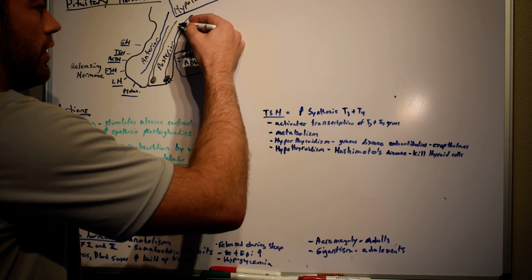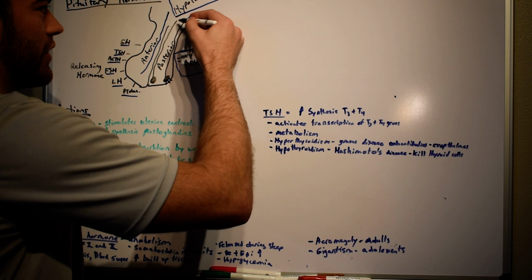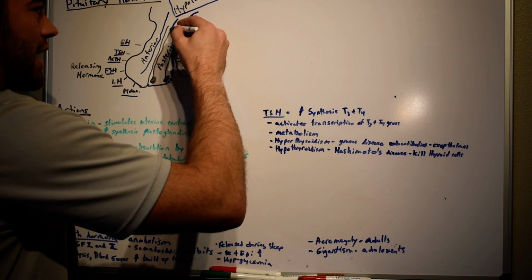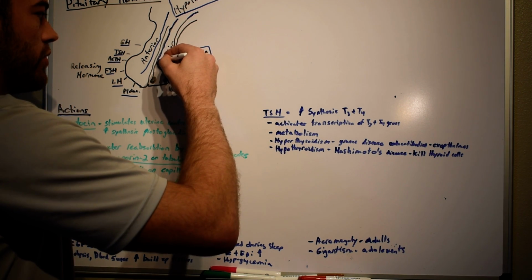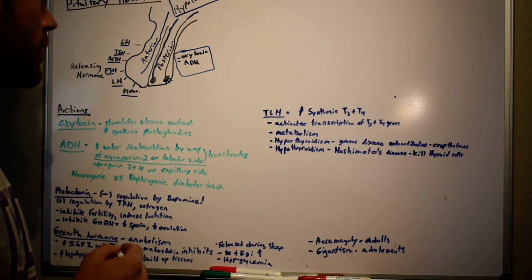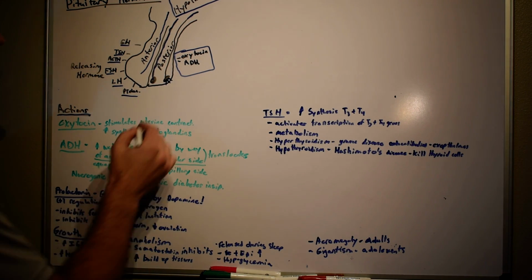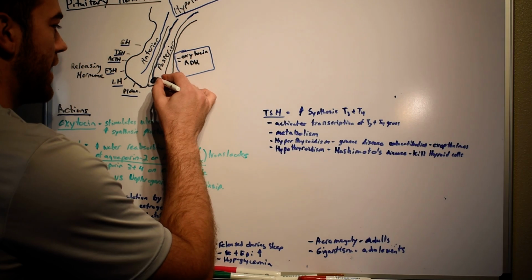These long neurons come from the hypothalamus and their axons travel all the way down to the posterior pituitary gland. And then we've got an axon terminus right here.